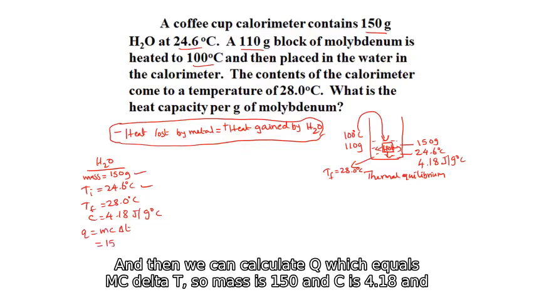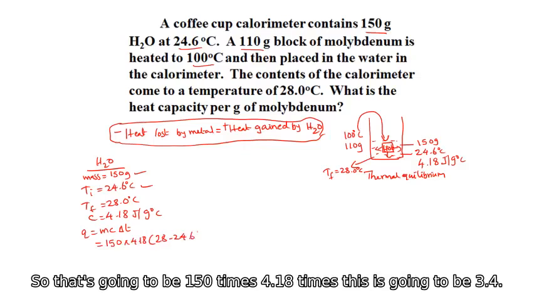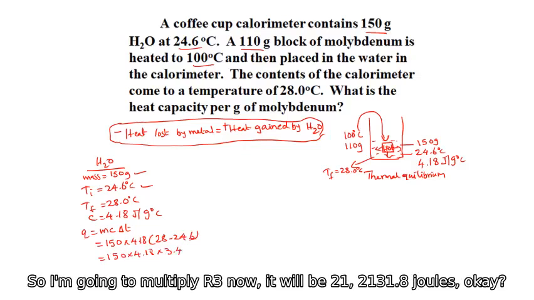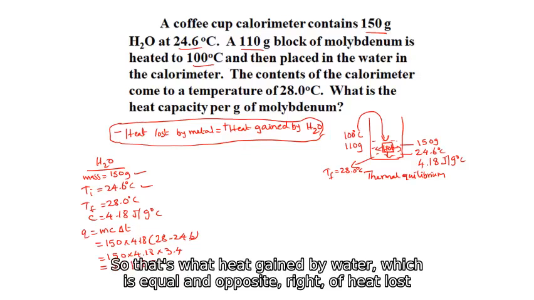Mass is 150, c is 4.18, and ΔT is final minus initial, so that's 150 times 4.18 times 3.4. I'm going to multiply all three now. It will be 2131.8 joules.